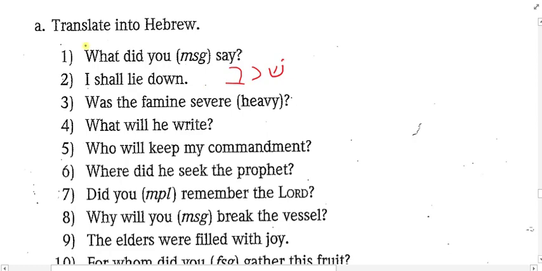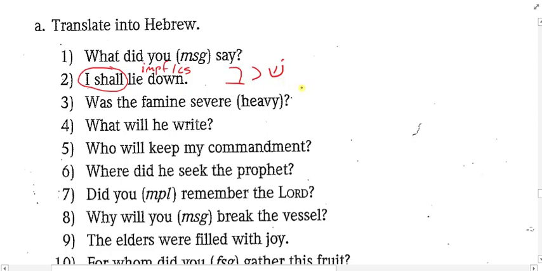Okay? Now, it's I shall. So am I going to use the perfect conjugation or the imperfect conjugation for future time, typically? Imperfect. I want to use an imperfect, and what person gender number is I? 1CS. So I want to go with that form, okay?